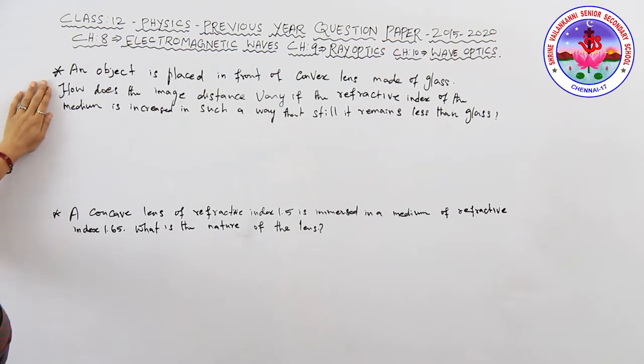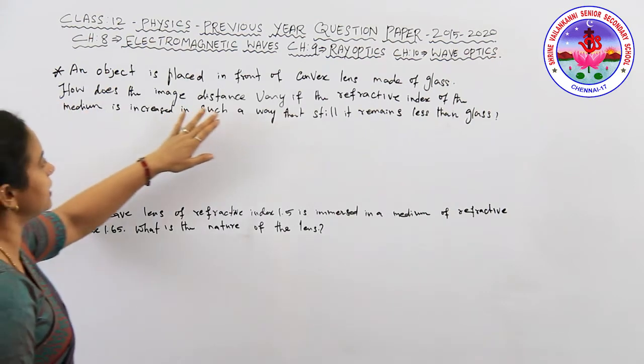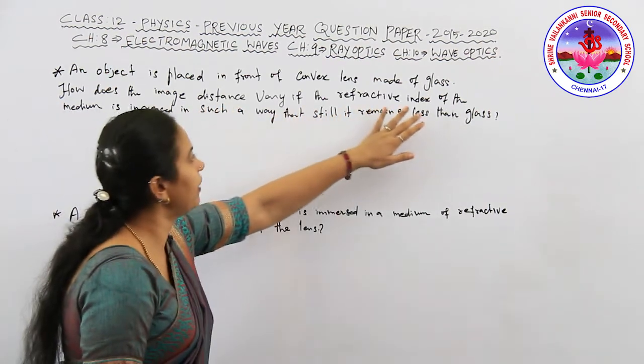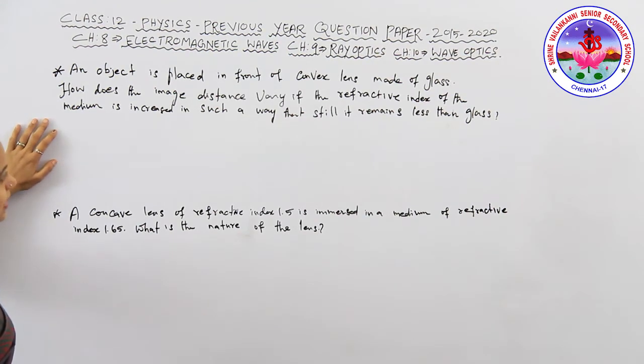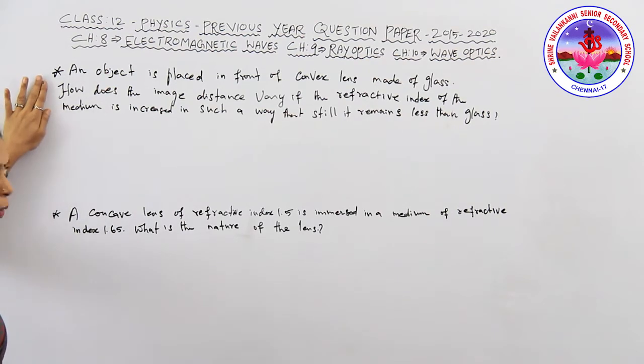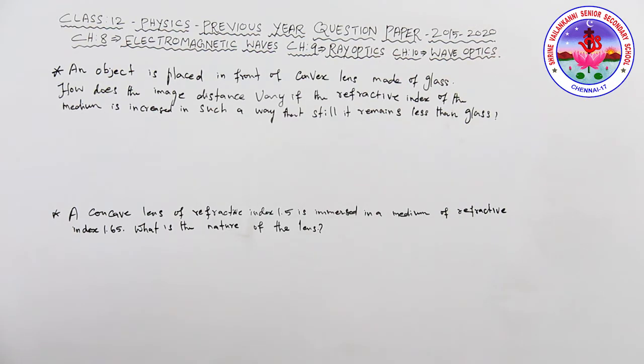The question is: an object is placed in front of a convex lens made of glass. How does the image distance vary if the refractive index of the medium is increased in such a way that it still remains less than glass? So you must understand the question first, and you have to read the question two or three times. An object is placed in front of a convex lens made of glass, so you have to compare the range of mu, right?